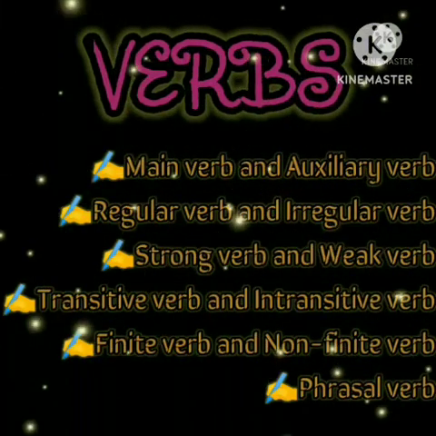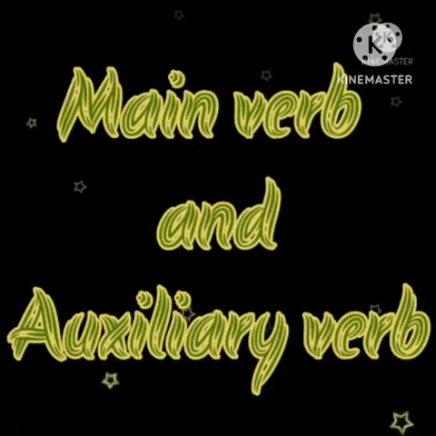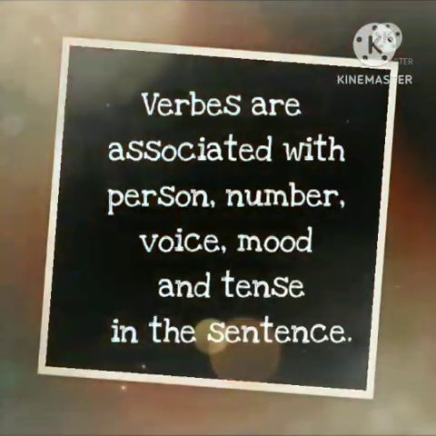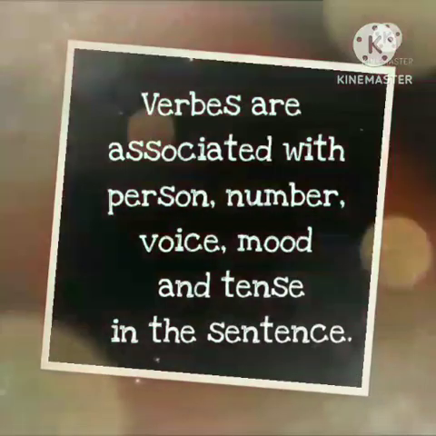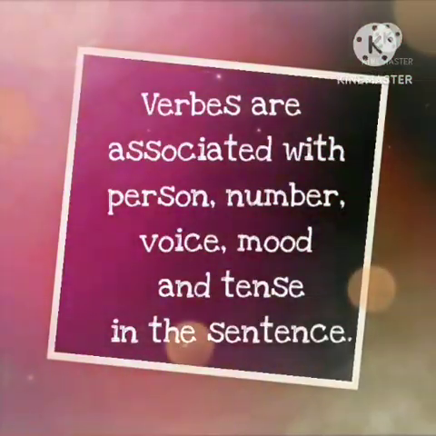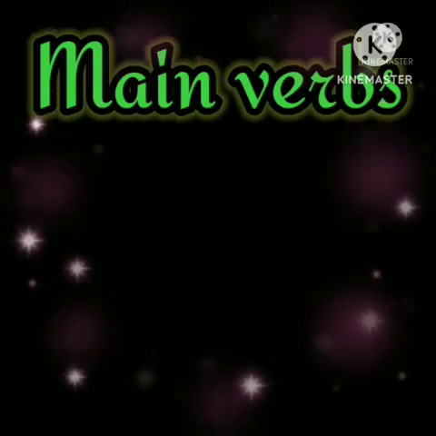Among these, in this video, we are going to discuss about the main verbs and the auxiliary verbs. One must know that the verbs are associated with number, person, voice, mood, and mainly tense in a sentence. Now, let us begin with main verb.